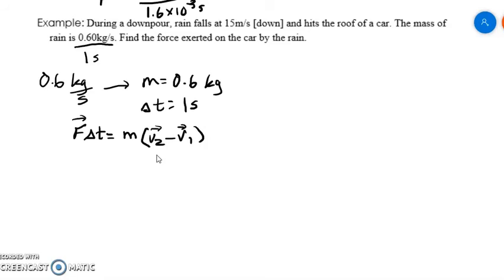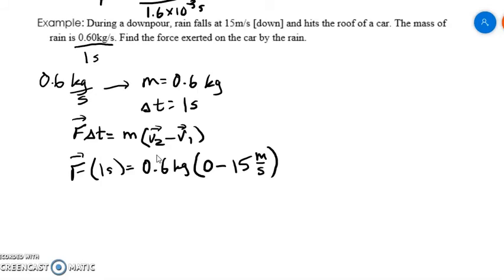V2 minus V1. So we're doing force times 1 second is equal to 0.6 kilograms times 0, V2 is 0 because it's slowing down to nothing, minus 15 meters per second.